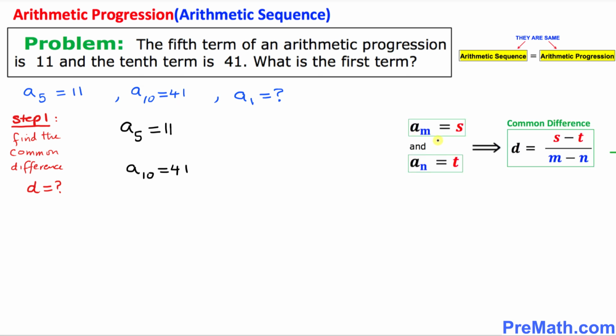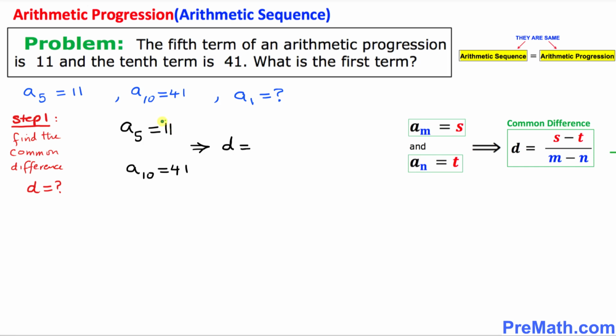And here we will be using this formula over here. As you can see, if I say a of m equals s and a of n equals t, just like this been given to us, then the common difference is just the ratio of their differences. That means I can write this as d, common difference, equals, I am going to write down these numbers.